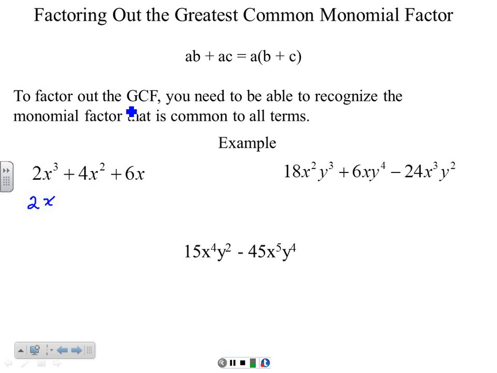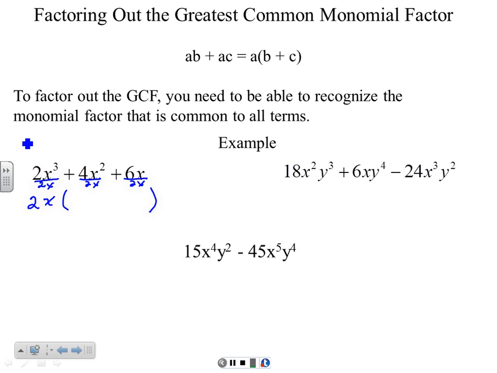Once I have the greatest common factor out front, I'm going to turn it back into a multiplication problem. Basically, when you factor out a greatest common factor, you're dividing everything by 2x. So we're going to divide everything by 2x.